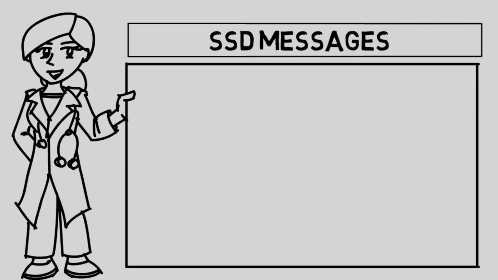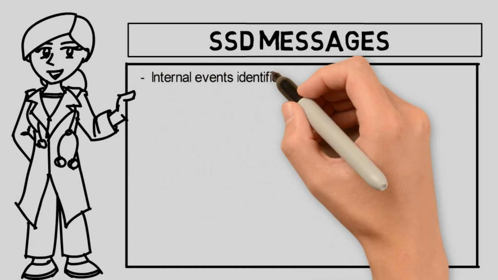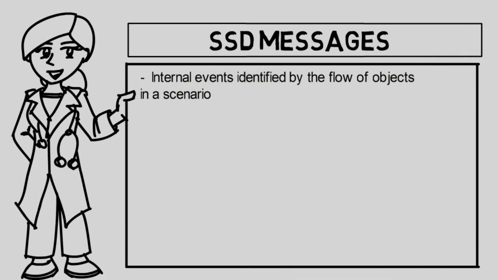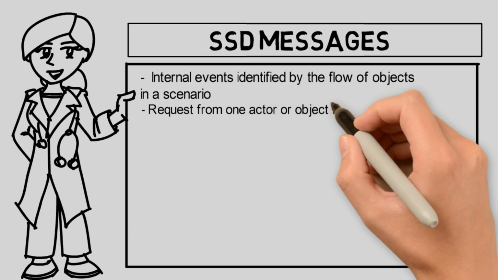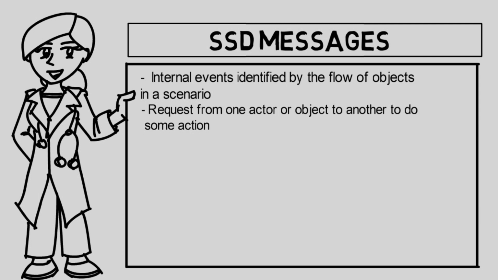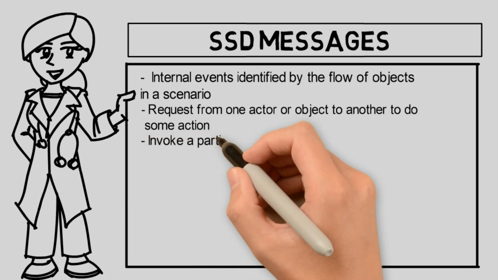SSD messages. Internal events are identified by the flow of objects in a scenario. A message is a request from one actor or object to another to do some action, or to invoke a particular method.